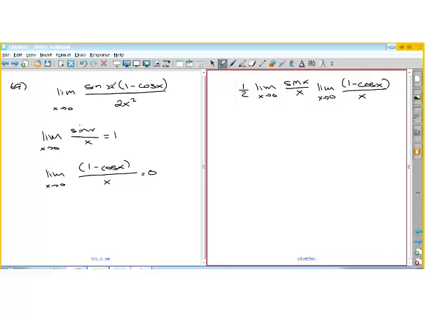So if you look at these two, you can see the same thing. Once you multiply them all together, you get sine x, 1 minus cosine of x, divided by 2x squared. And then these can be treated individually. So the first one goes to 1, so this becomes 1 based on that. And the second one goes to 0, and since there's a 0 in there, everything equals 0. So the whole thing goes to 0.